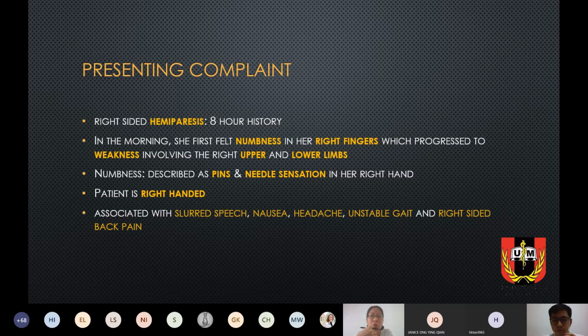So usually the only thing we want to know is whether or not there is sensory involvement rather than exactly where the distribution is, unless in the later physical examination you find a clinical neurological sign that does not tally with your chief complaint. Then I might dig further regarding the pins and needle sensation. But for now, I would just take it together with the hemiparesis. Okay, I think we can move on.